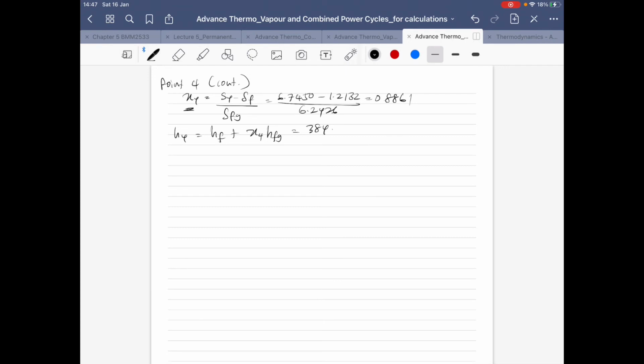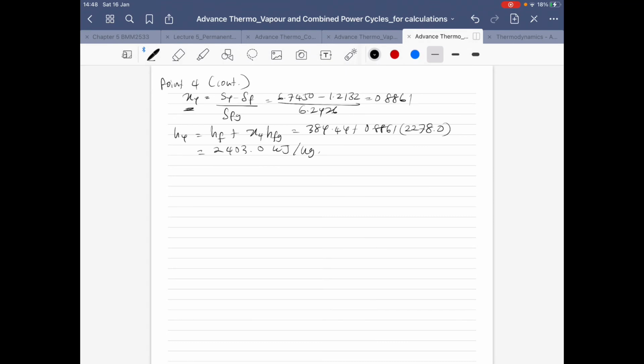Masa dia keadaan saturated liquid dah, 384.44 plus 0.8861 times 2278. Ambil kat mana ni? Ambil dekat table yang sama, iaitu table A5 tadi. Yes, table A5. And then you get the value 2403.0 kilojoule per kilogram.